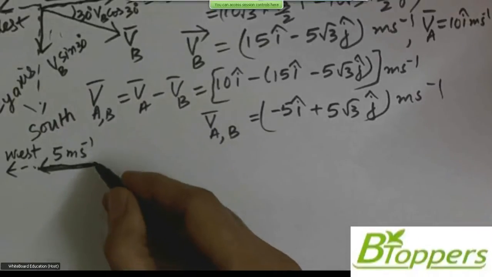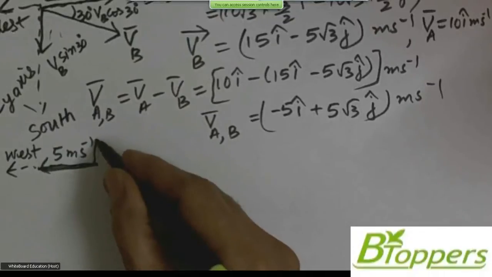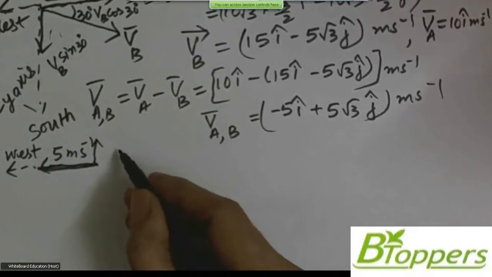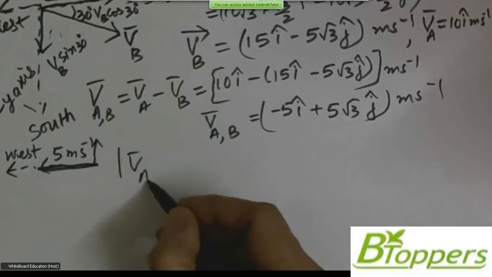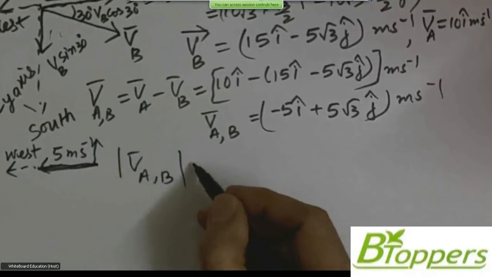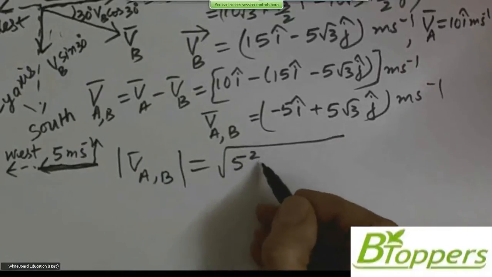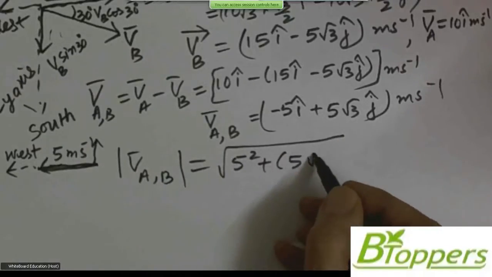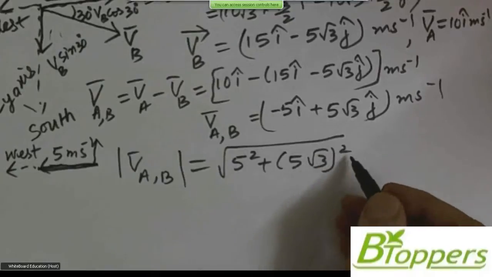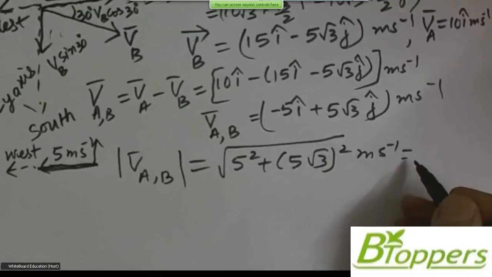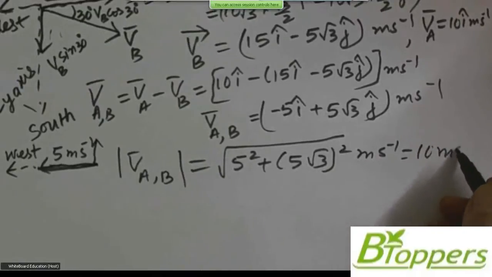That means towards north, like this. So if you write mod of this velocity, magnitude of velocity of A with respect to B will be root of 5 square plus 5 root 3 whole square meter per second. Simplify that, you get 10 meter per second.